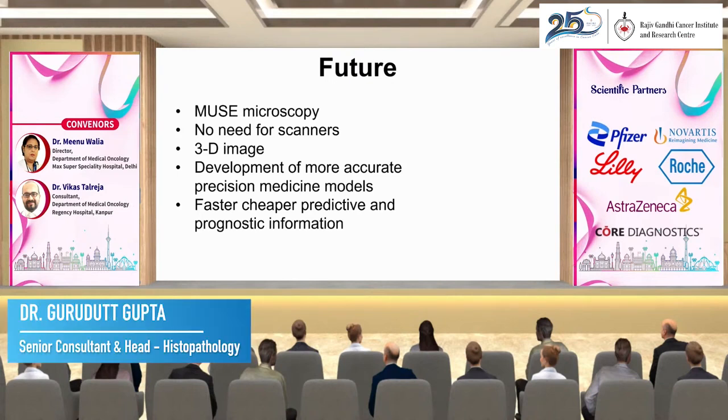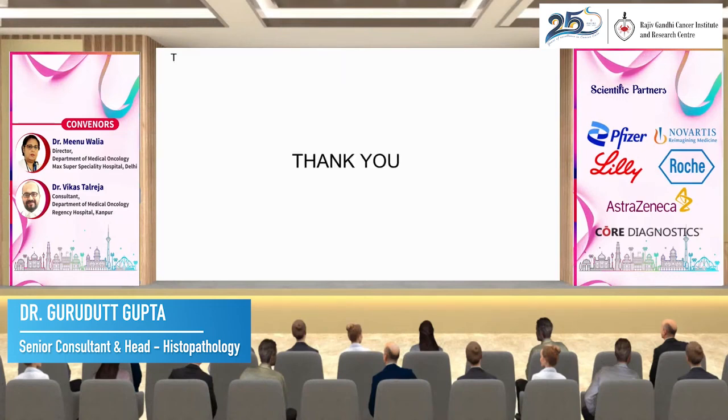It generates a 3D image, and it can develop more accurate precision medicine models because it has much more information, the spatial information with epithelial cells, the stroma, and the inflammatory cells. So it may be the future and may replace the conventional models we are using now. And it is faster, cheaper, and it can give you better prognostic information. Thank you.